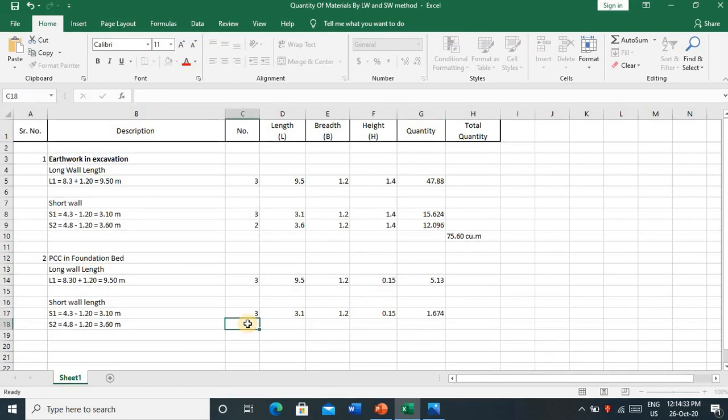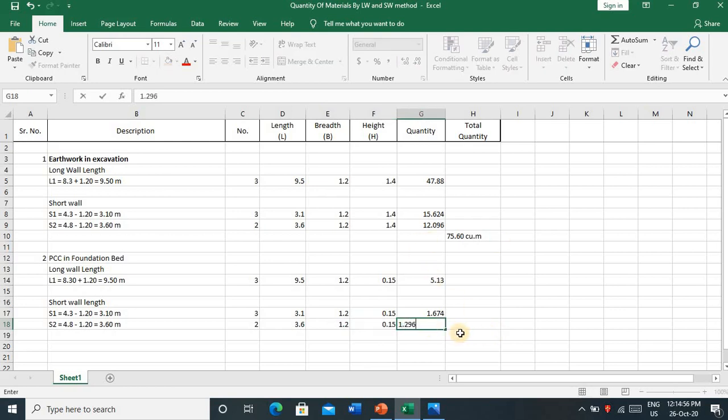For short wall 2, total numbers were 2, length is 3.60, you have to write this length 3.60, then 1.2 width of item same, height of item same, and the answer is 1.296.